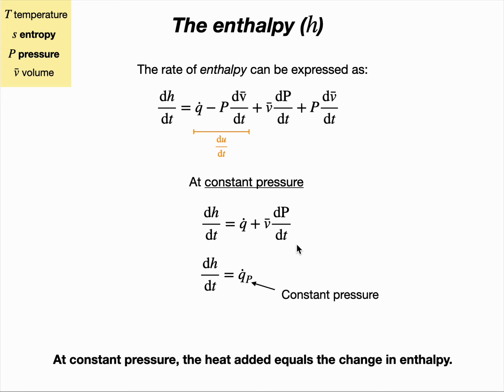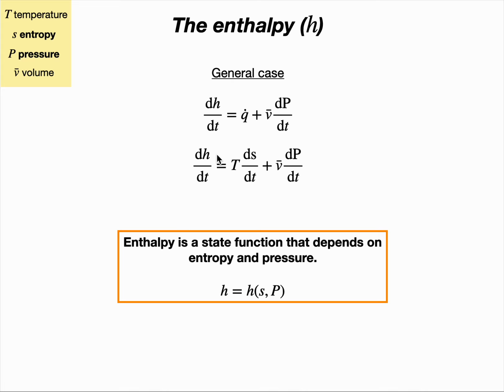If you assume constant pressure, you cancel this term, which basically shows you that at constant pressure, the heat added equals the change in enthalpy. Anyways, in the general case, dH/dt is Q dot plus V dP/dt. And if we substitute again Q dot by T dS/dt, you get this expression here. dH/dt is T dS/dt plus V dP/dt, which shows you that enthalpy is a state function that now involves the entropy and the pressure. So H is a function of entropy and pressure.